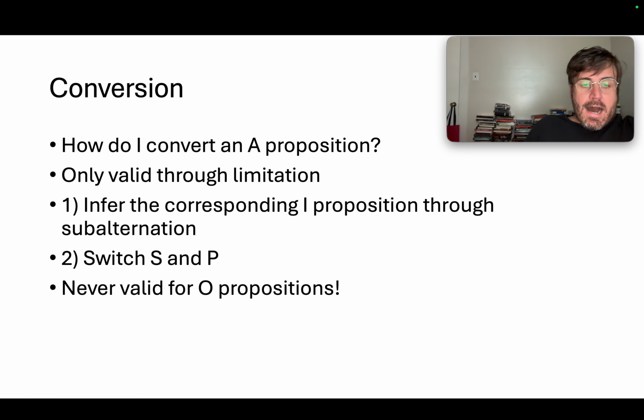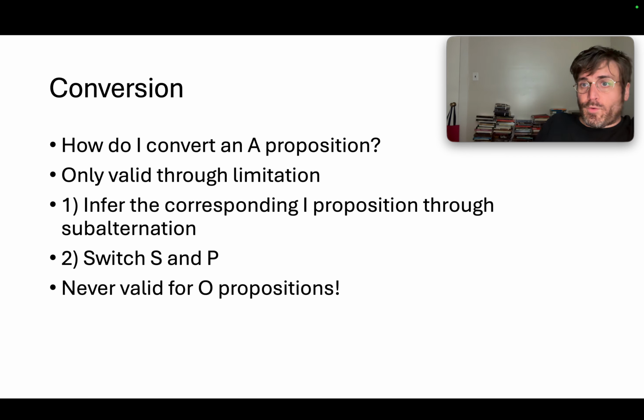Okay. Conversion, however, is never valid for any O proposition. It is never valid for our particular negative propositions. Okay? So for any E and I proposition, we can immediately find the converse. We can immediately switch S and P. For the A propositions, for the universal affirmative, it is only valid through limitation.